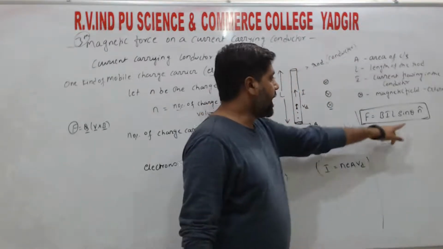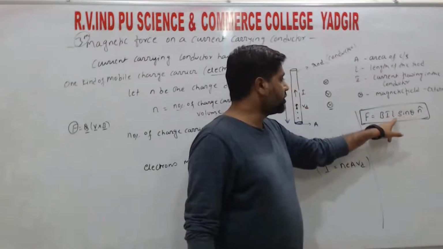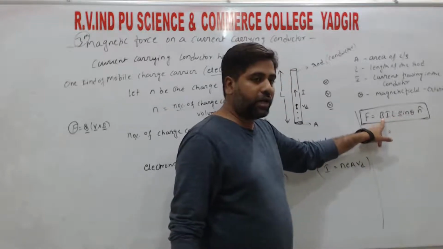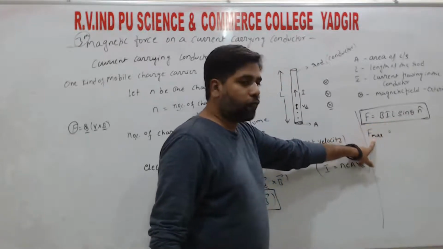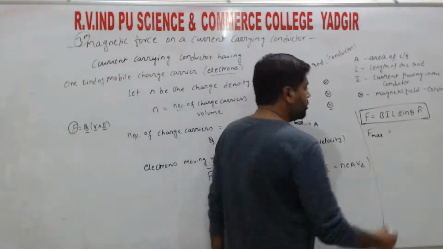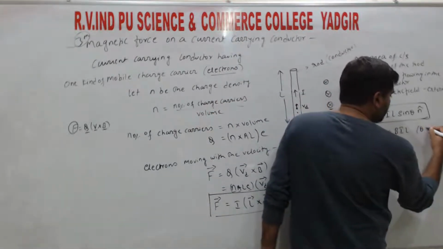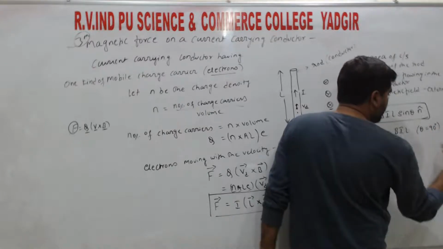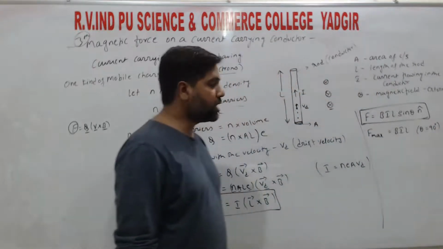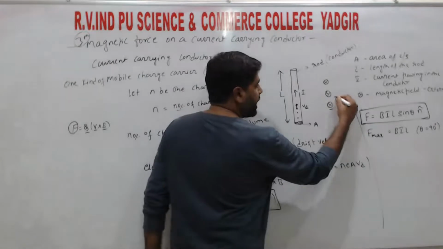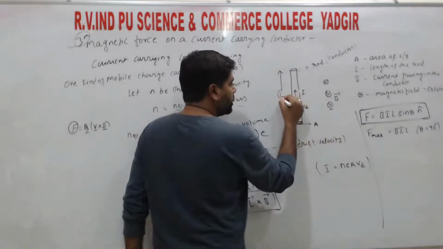When the angle theta between the length and the magnetic field is 90 degrees, the force is maximum, right? So F is maximum, that means F equals BIL, when theta is 90 degrees, where theta is the angle between the magnetic field B and the length vector.